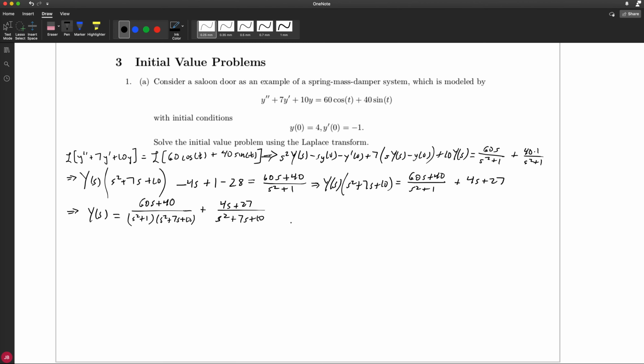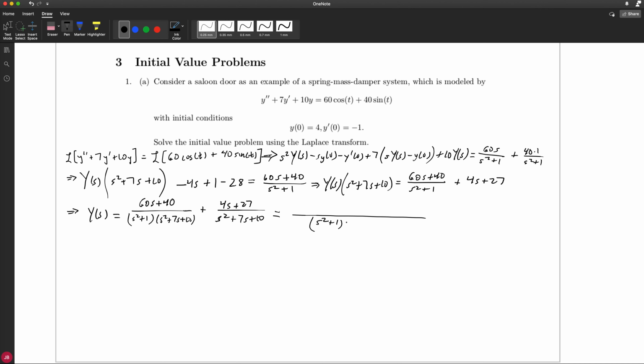Now what we're going to need to do is find a common denominator. You'll notice that both of these fractions have s squared plus 7s plus 10. But this fraction would need a factor of s squared plus 1. And so what we're going to get is something like the following.